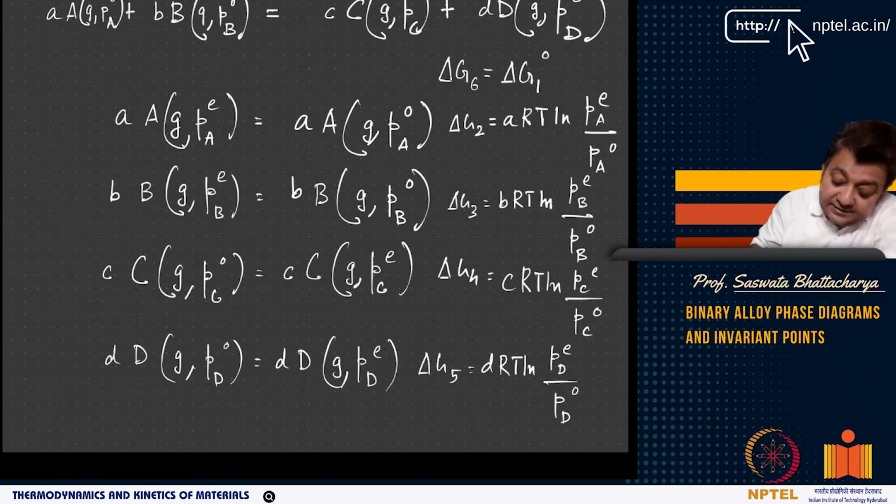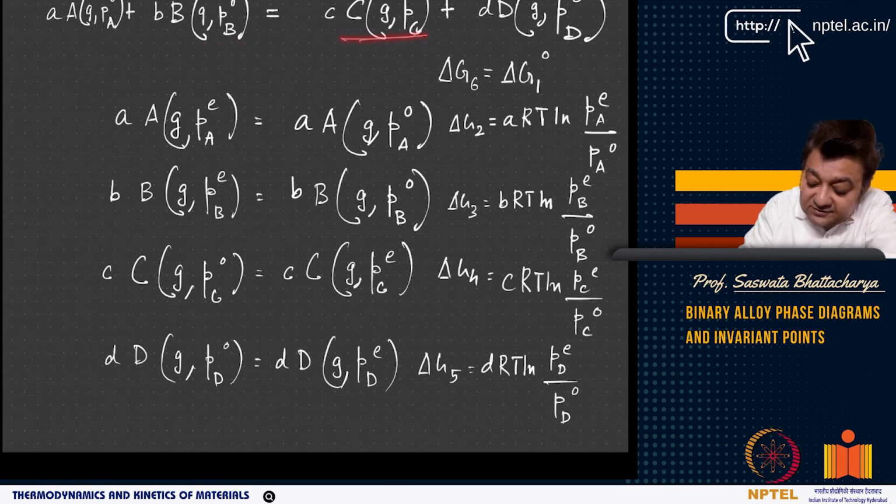Now if you look at that, you had this reaction: A moles of A in the vapor phase with PA naught as the vapor pressure, and B moles of B at a vapor pressure of PB naught in the vapor phase, they react to form C moles of C and D moles of D, where again these are also vapors with the standard pressure being the standard vapor pressure of PC naught and PD naught.